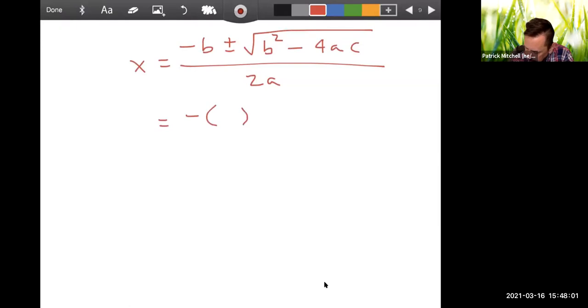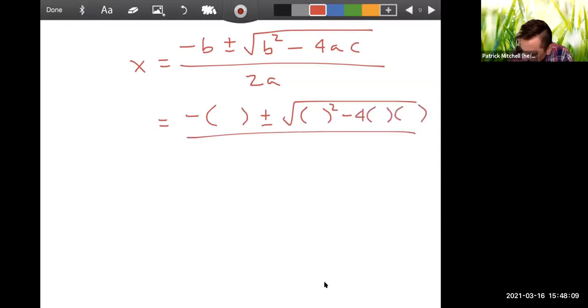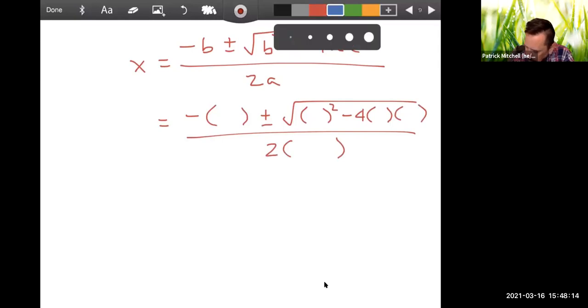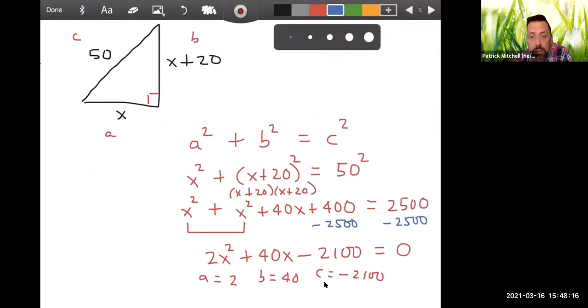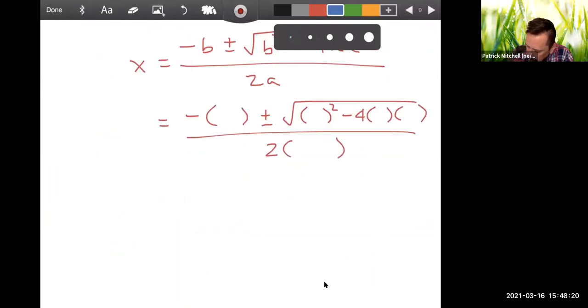Putting the blanks instead of A, B, and C. We get, let's see, B, I want to look. I'm afraid I'll mess it up. 40 and negative 2100.